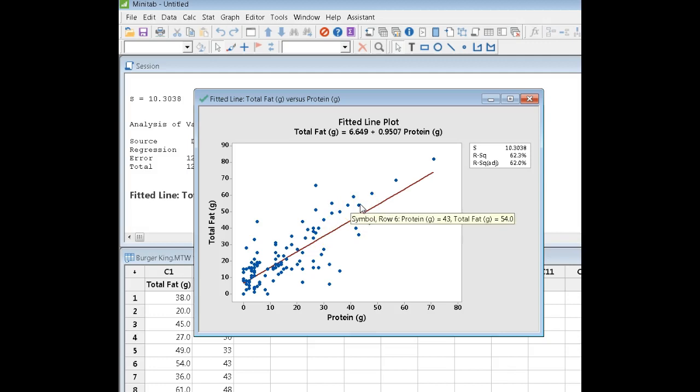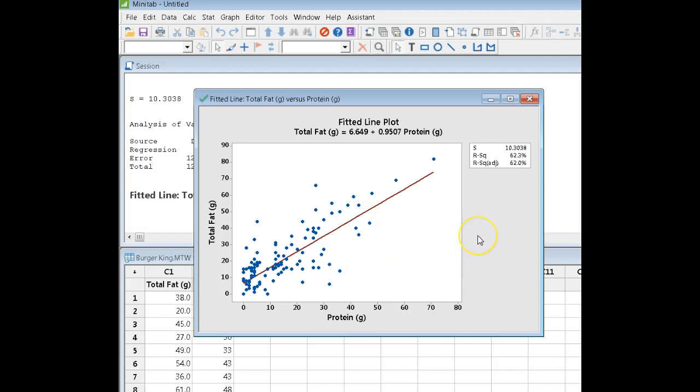So if I take every data point and I find how much it deviates from an actual data point down to a point on the line, my line of best fit is the line that will give me the smallest sum of all these squared deviations. Okay, now we don't care. Minitab is doing all of this in the background.